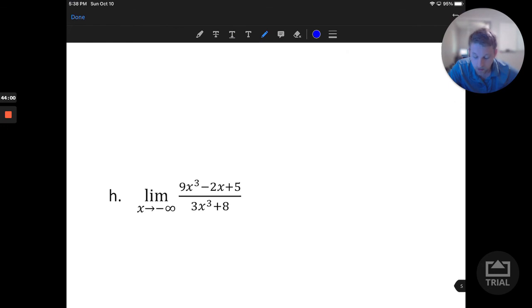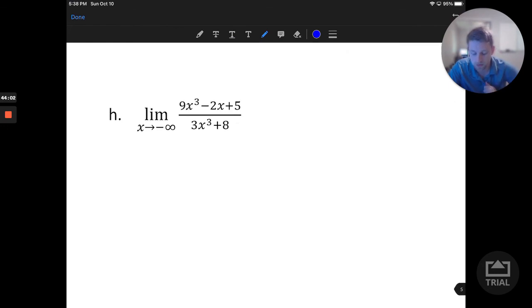If we look at part H, we'll notice these leading powers, when we go for the limit as x approaches negative infinity, we have a leading x cubed power and another x cubed power in the denominator. And so if I highlight those two, notice that both of those powers are going to be growing at the same rate, but we do have different coefficients involved.